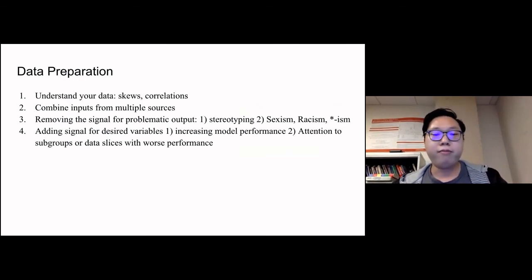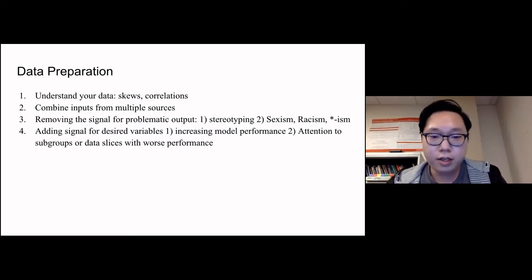We should be mindful of fairness in each step of model building. In the data preparation step, we should understand skewness and correlations in our data. We should learn whether all subsets of our data are equally represented. For example, in a dataset for a facial recognition application, is the number of white faces equal to the number of Asian faces?